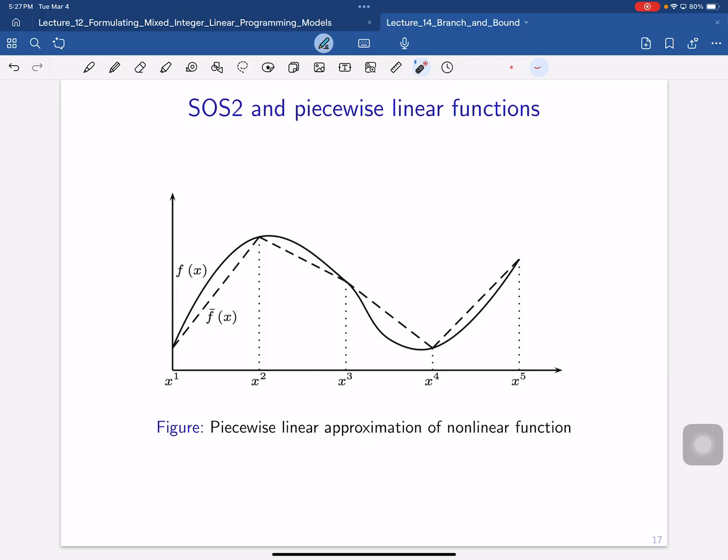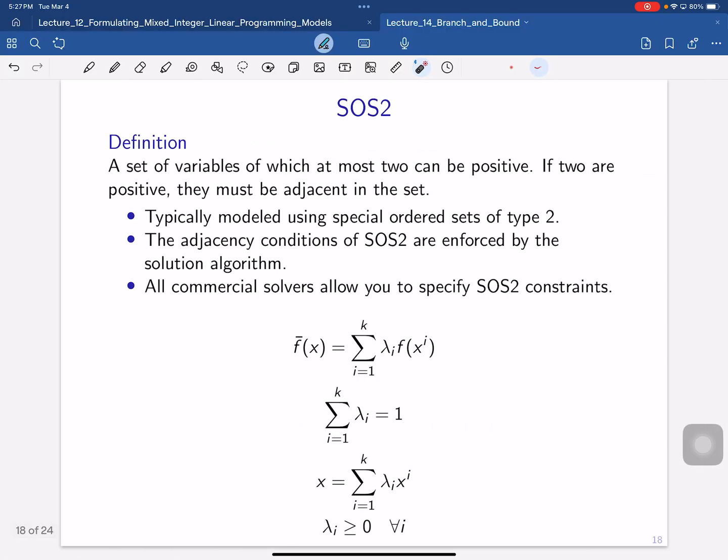If your x value is in this line segment, you are going to use this piece. If you are in a different line segment, you will use a different piece. So that's the logic here. How do we represent that using so-called SOS2?